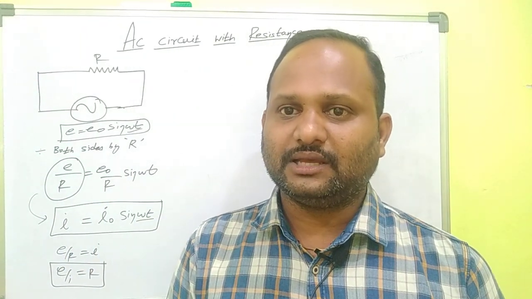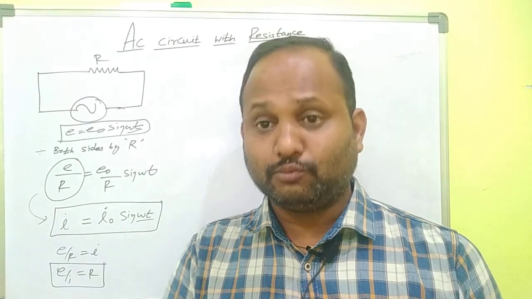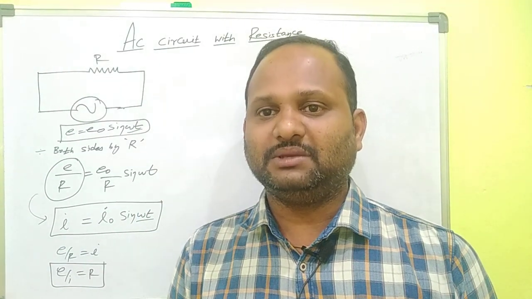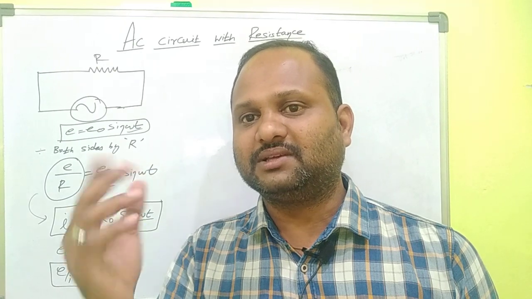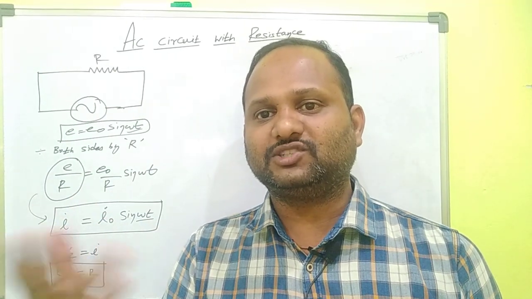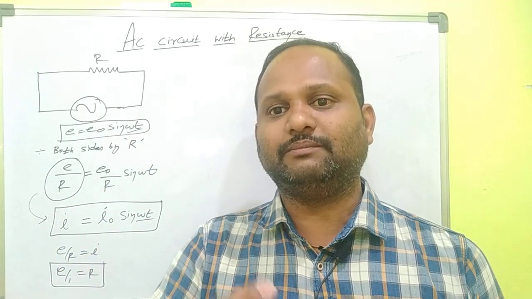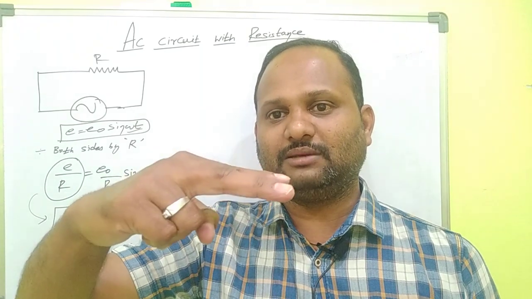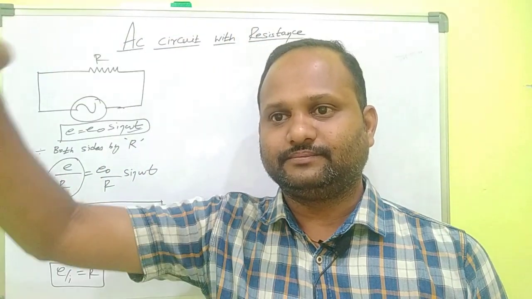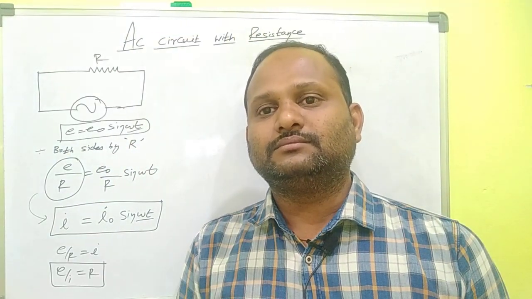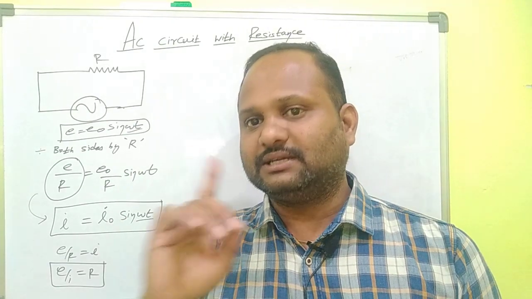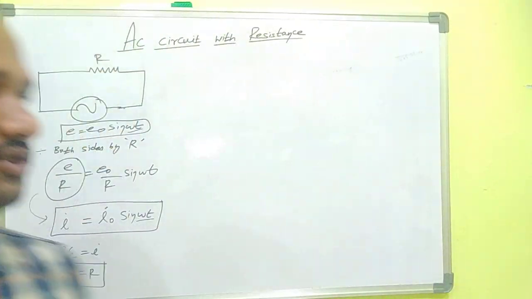They are moving simultaneously, moving together. That means there is no time lag between the application of EMF and the production of alternating current. There is no phase difference between them. That is the most important point. So they are moving together.